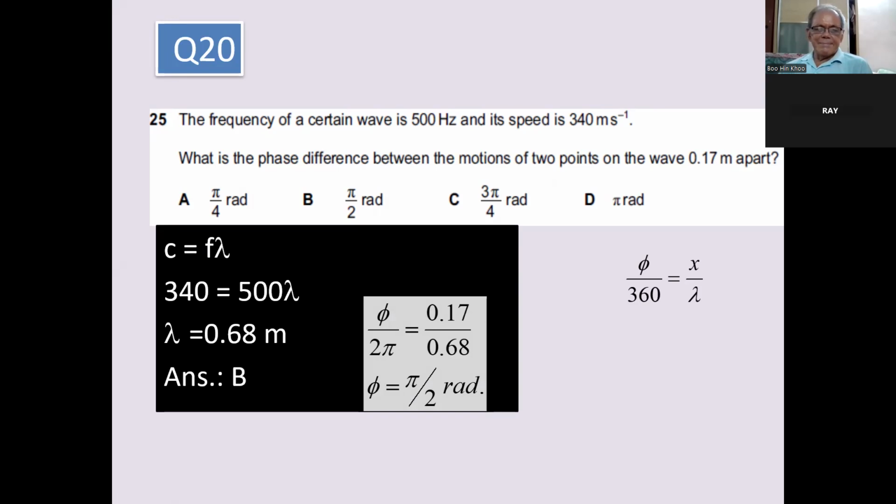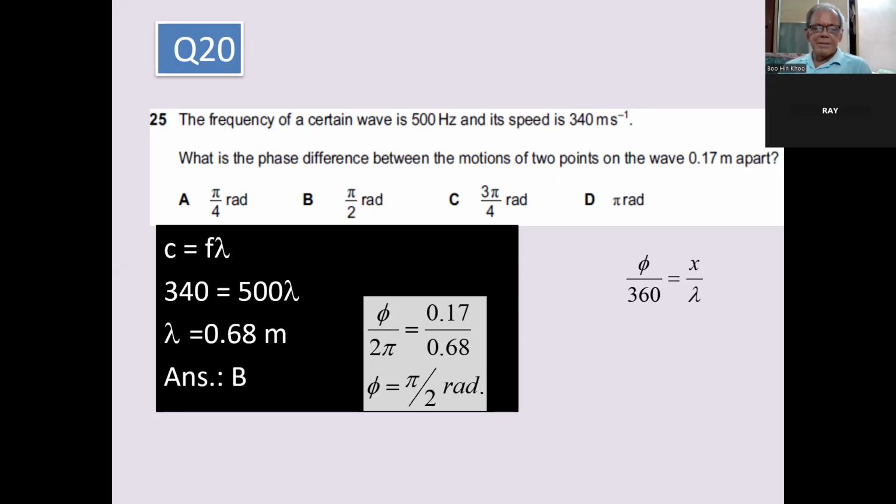Anything you don't agree with? Pi is in radian. 180 degrees is pi radian.